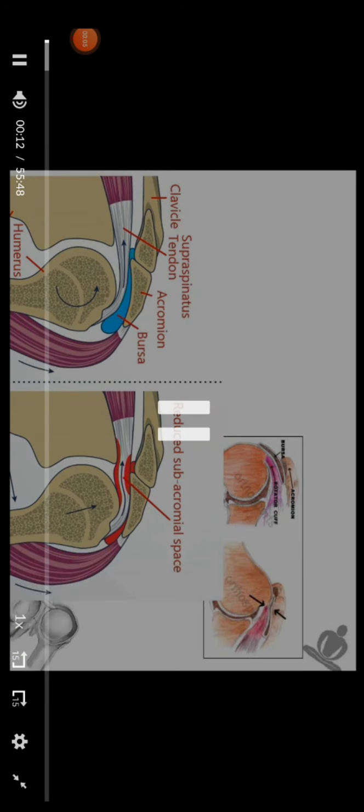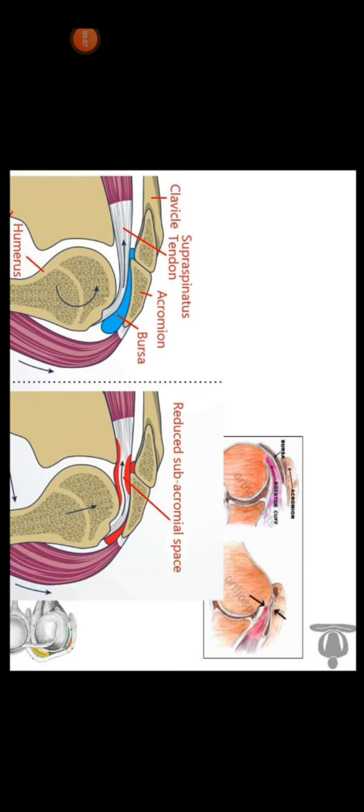This is Dr. Mangesh Deshpande, and we are talking about the shoulder joint, one of the complex joints in our body.